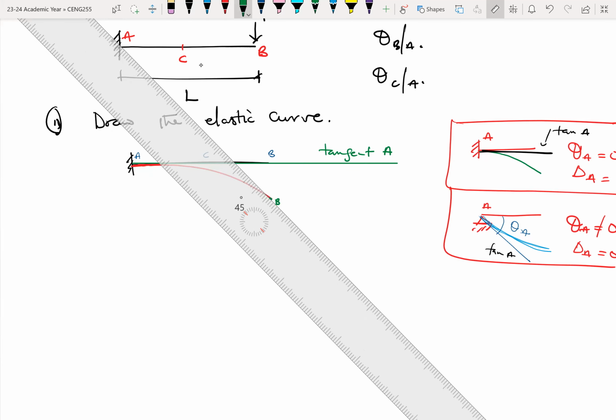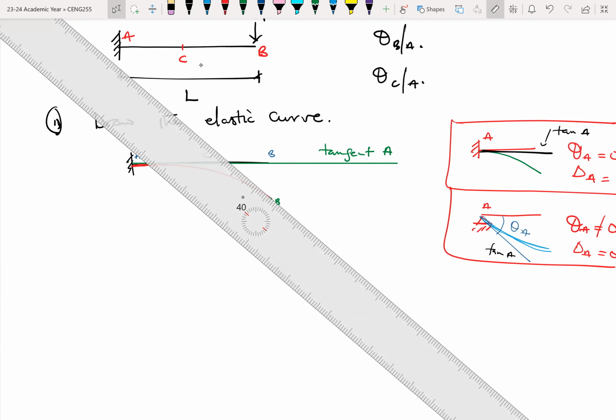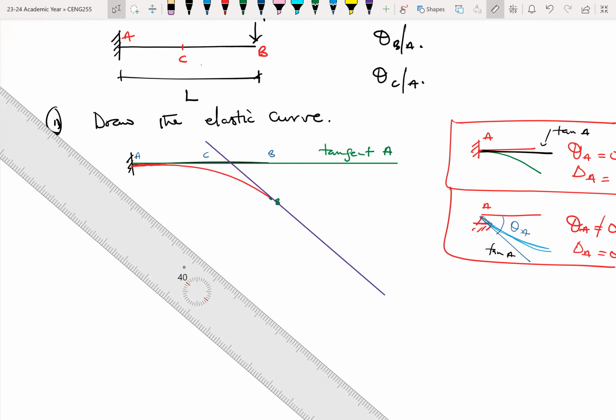So at B, this becomes my tangent at B. Let me go with this color. So I have this as my tangent passing through B. This is tan B, or tangent passing through point B. The intersection of the tangents at A and B is right here at this point. Which means that this angle here is the angle I'm looking for. This will give me my theta B.